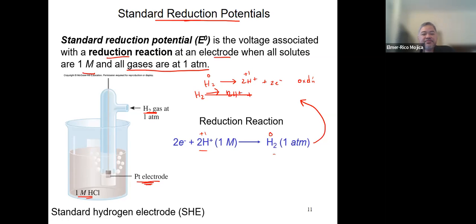Now, what they did is they assigned a corresponding value to this reduction reaction. To simplify it, they assigned it as 0. Why did you think they assigned it as 0?